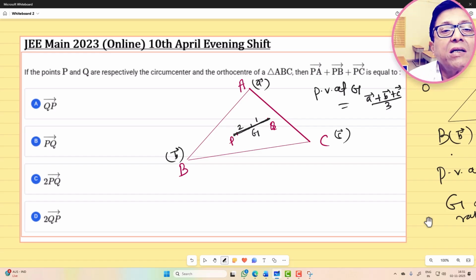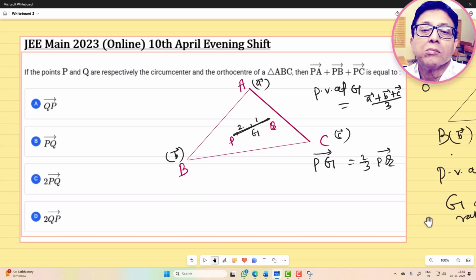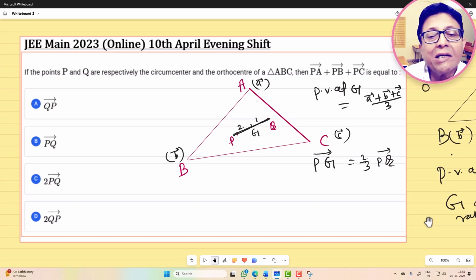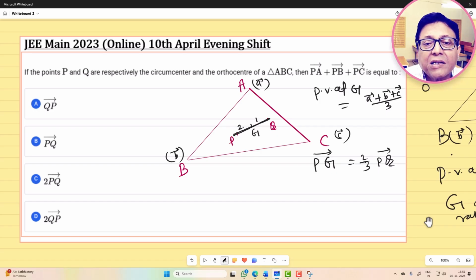P is the circumcenter and Q is the orthocenter. PG is what in the diagram? PG is 2/3 of PQ. Okay? I will suggest you take P as the origin. Sometimes choosing the origin at a given point or a convenient point helps a lot. We are taking P as the origin.